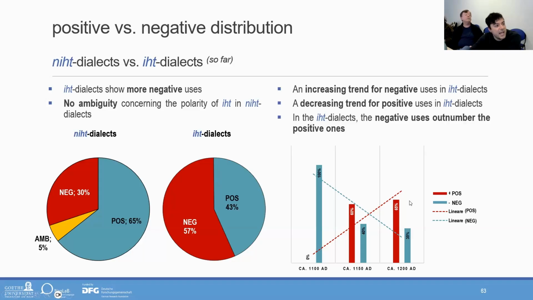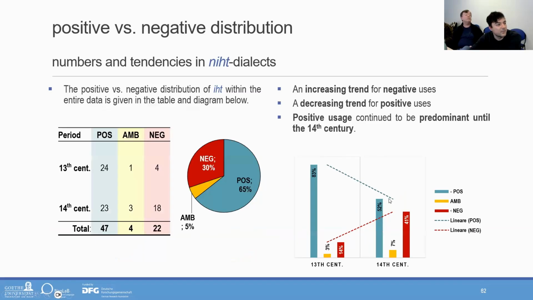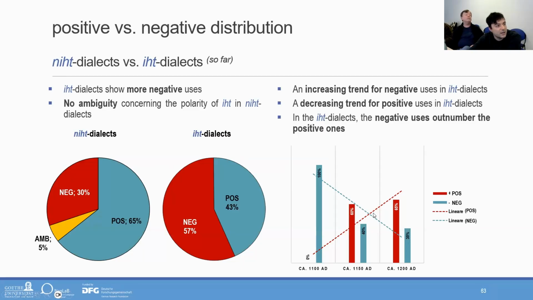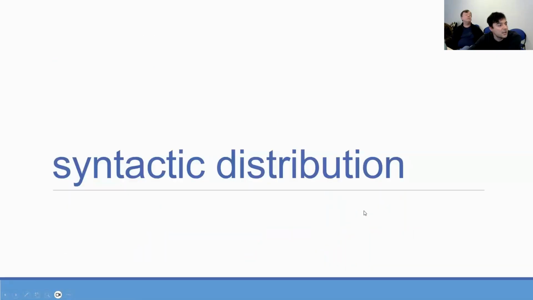But in this case, by the end of the 12th century, the negative uses already outnumber the positive ones. So this was not the case here. Here, still the positive ones are predominant. But here, the negative ones already outnumber the positive ones.